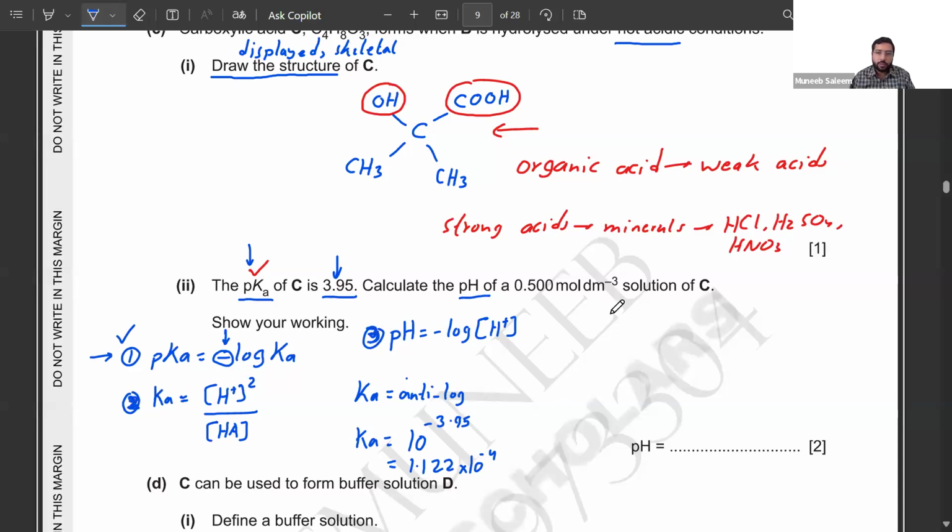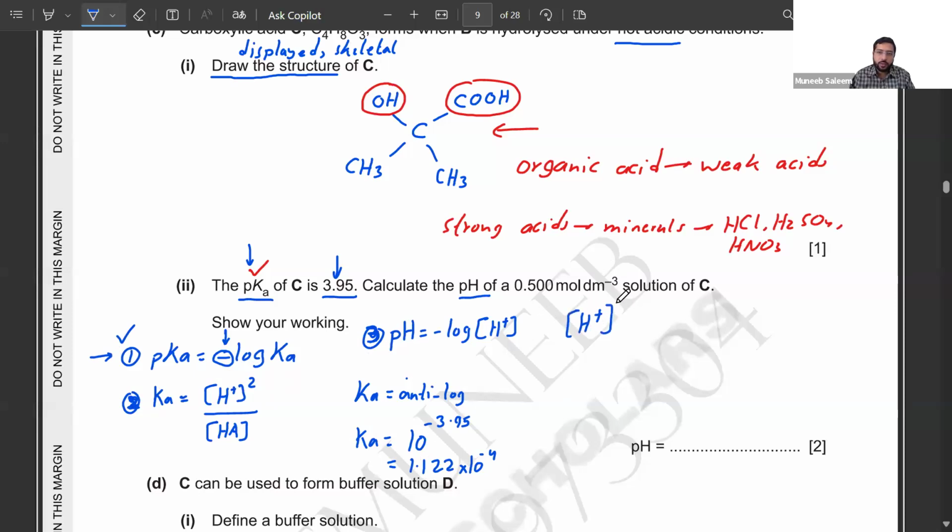Now we go with the second formula, which says Ka is equal to the square of the hydrogen ion concentration divided by the acid concentration. Now, I have to rearrange this equation to find the value of hydrogen ion concentration.